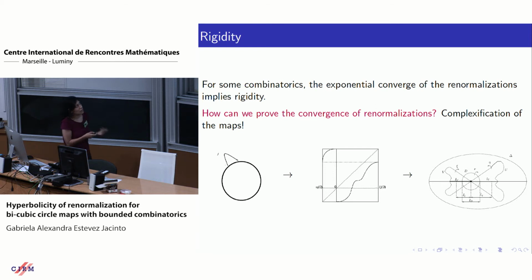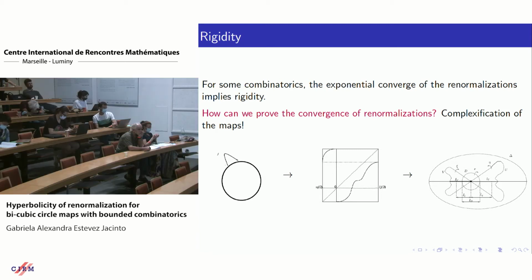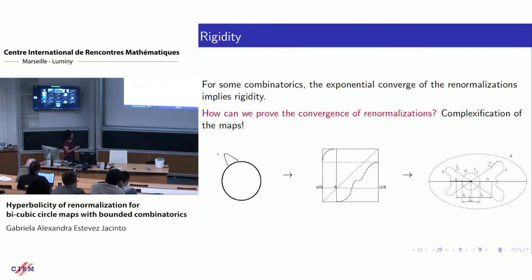And of course, we need to put some conditions on the combinatorics to get something like this. The picture could change with the combinatorics. For unbounded rotation numbers, the picture is not like this. This corresponds to the constants in the continued fraction expansion being bounded, or bounded type. I'm going to explain more later.